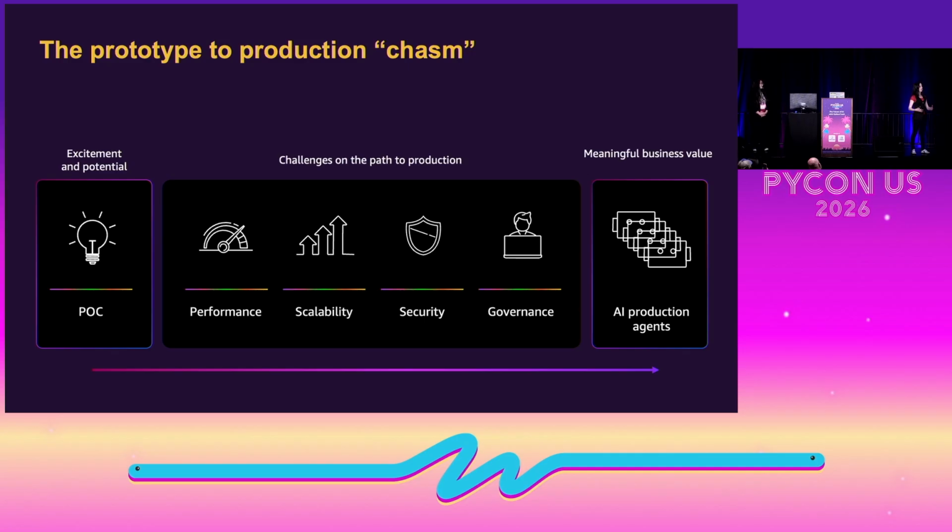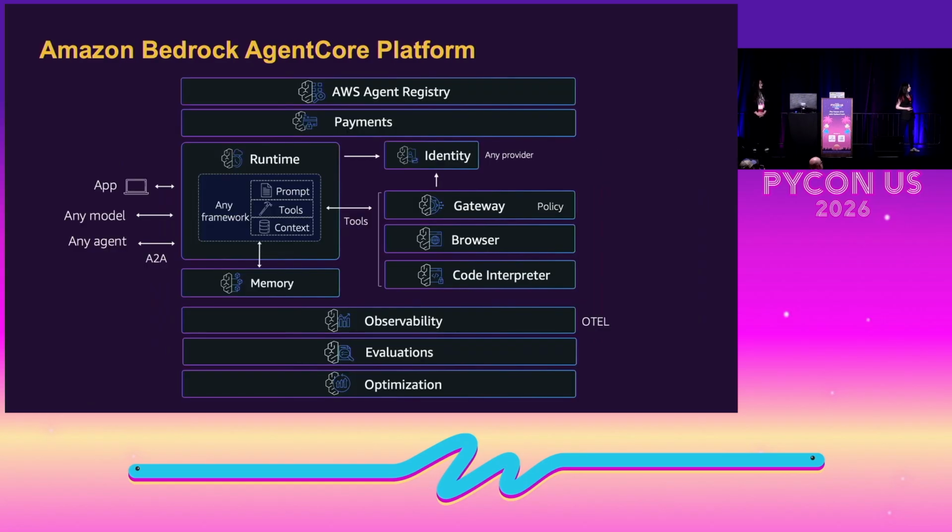You need architecture, performance, scalability, security, governance, because you may have a bug. And what happens when 1,000 users hit your application? You need scalability. So for that, at AWS, we have a service that we call Amazon Bedrock AgentCore.